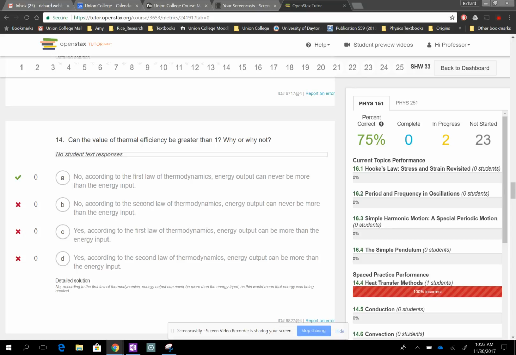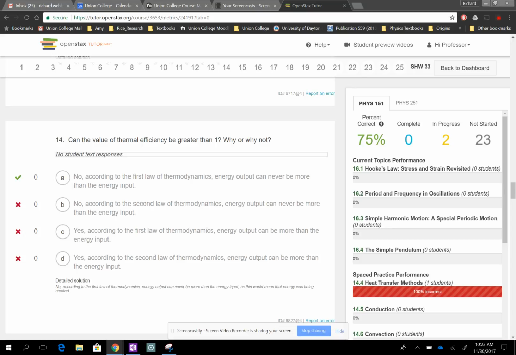Efficient is transferring from A to B. You can't transfer more into B than you took out of A, right? You could always take out of A and drop a few before it gets to B, but you can't go the other way. So the thermal efficiency can never be greater than 1. And in fact, it can never even be 1, which was on the test.